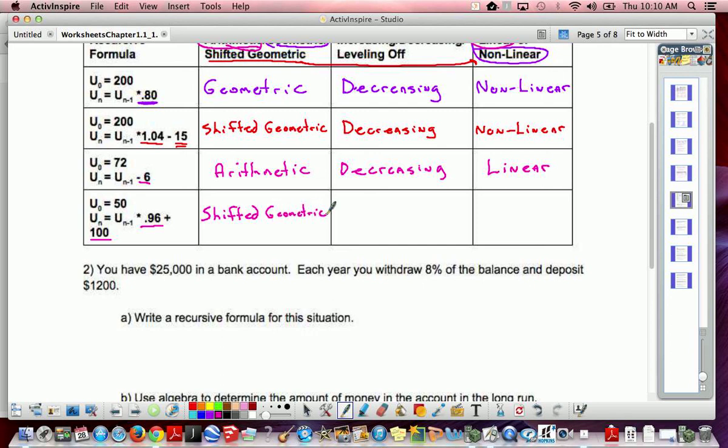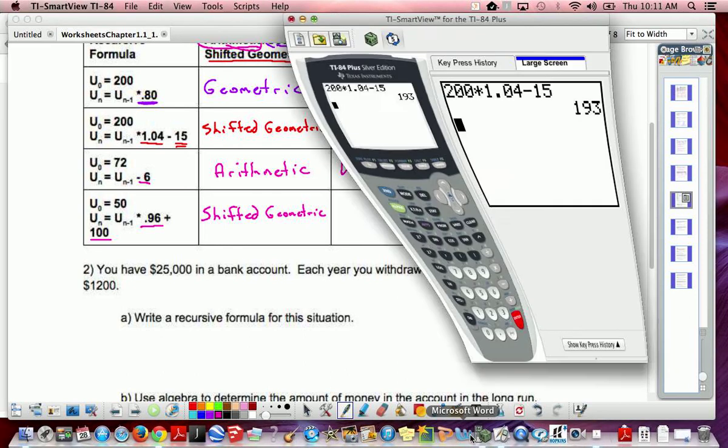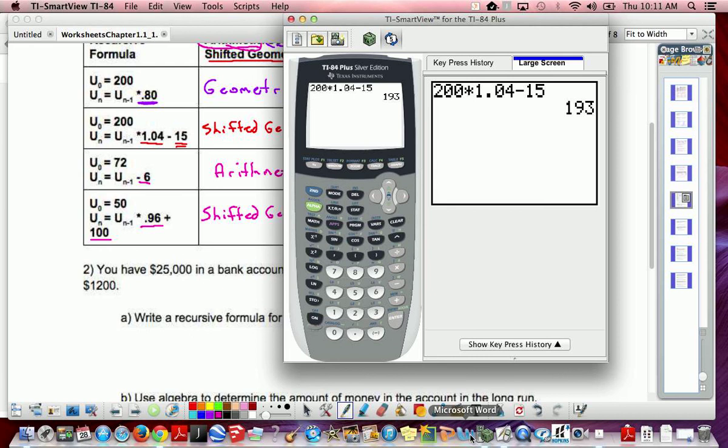Now I can also write here nonlinear right away. The question is, is this one increasing or decreasing, or could it actually be leveling off? So I'm actually going to go back to that previous one, number 2, where I see it at 193.